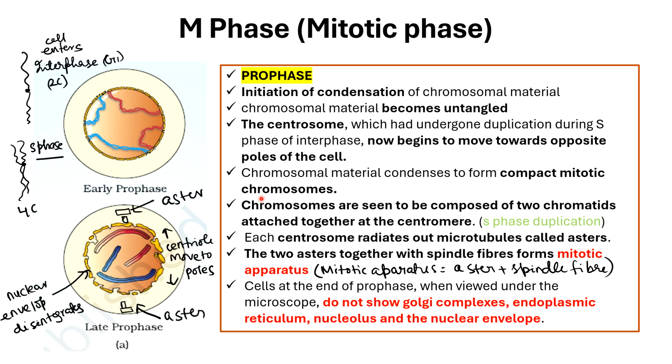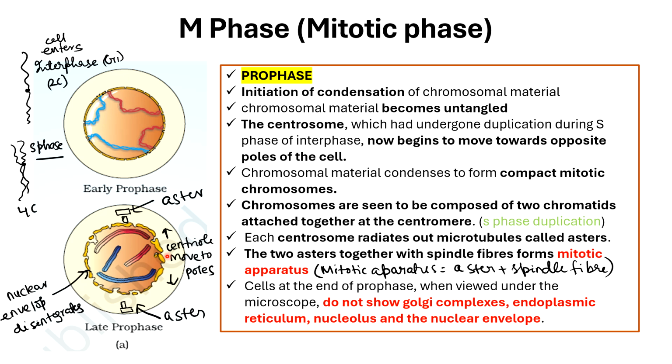Okay. Now, next what happens in prophase is we need something which will help us in division of the chromosomes. So here what happens, the centrioles, which were also duplicated in your S phase, play a role. We know that centrioles form the spindle fibers, right?